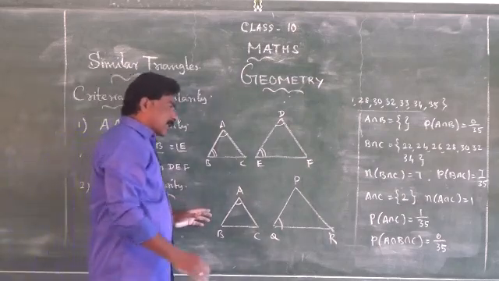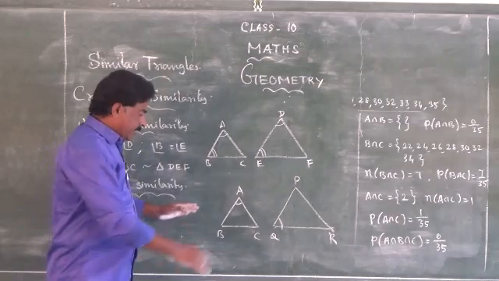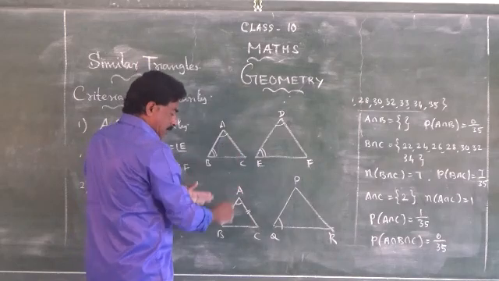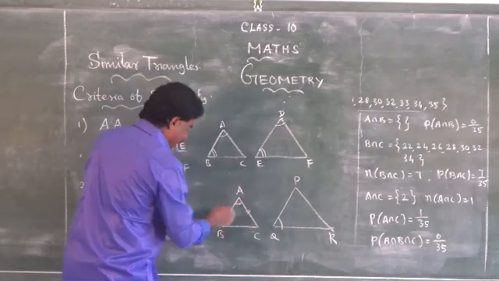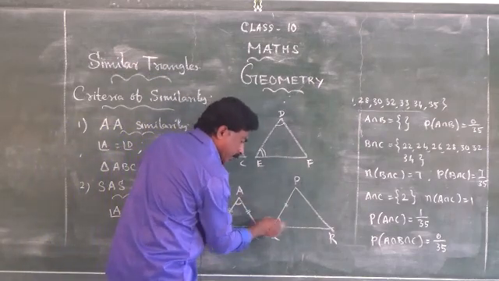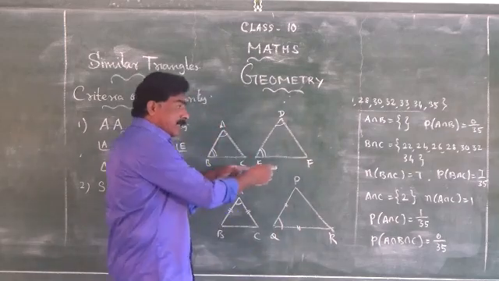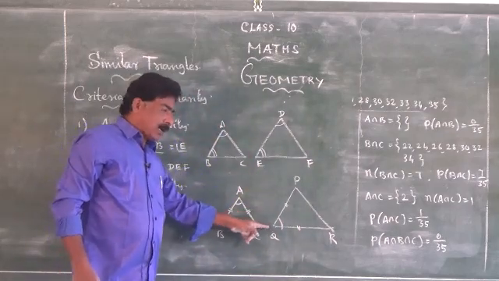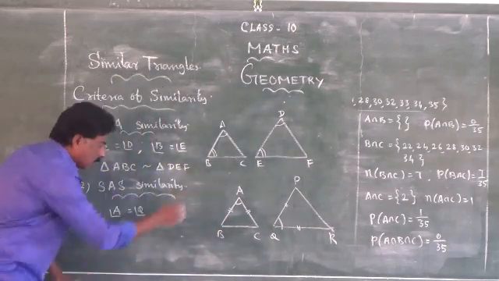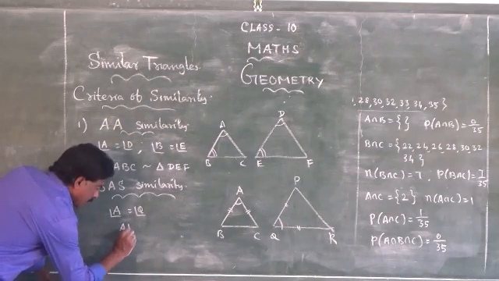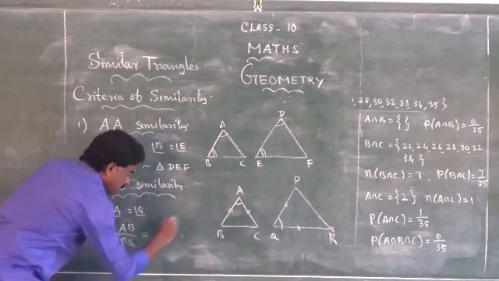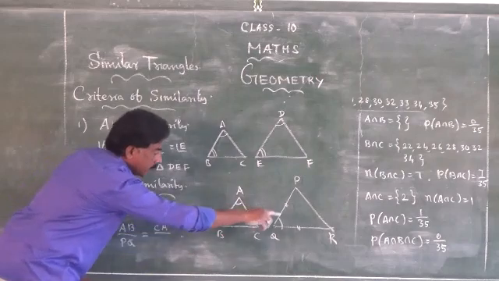And the sides containing the angle, which are the sides containing angle A? These two sides. Here the sides containing angle A are BA and CA. Which are the sides containing angle Q here? PQ and RQ. The sides containing the angle are proportional. That is, AB by PQ is equal to CA by RQ.